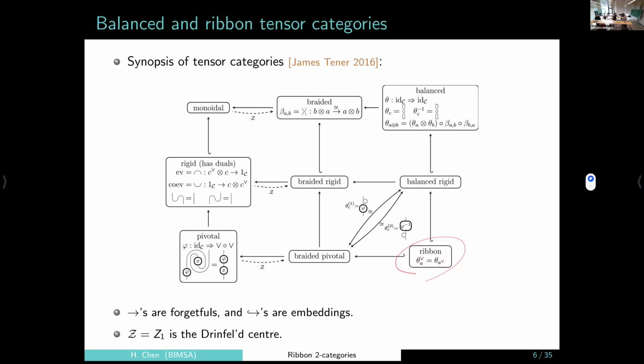I'm going to focus on one particular instance of a braided monoidal 2-category coming from the modules of the Hopf category. And I'm going to see what structures on the Hopf category are necessary for me to define these guys and for me to have all the coherence with the braiding data. That's the idea.